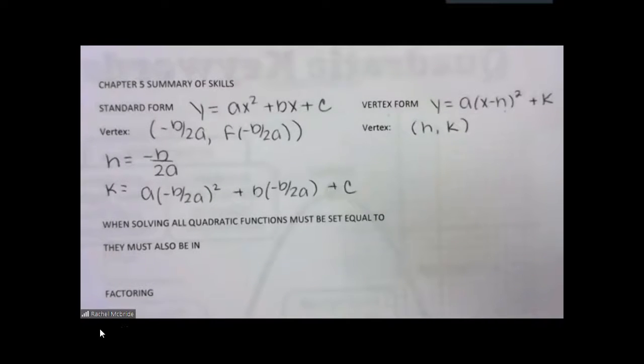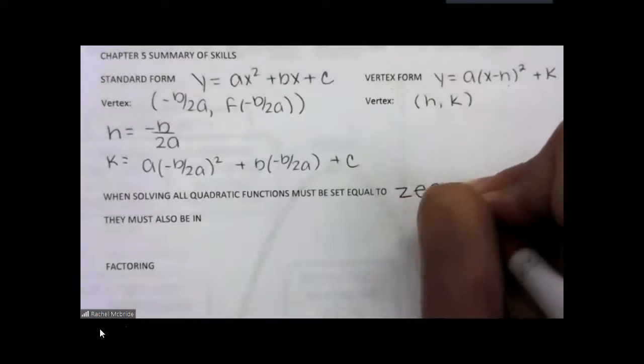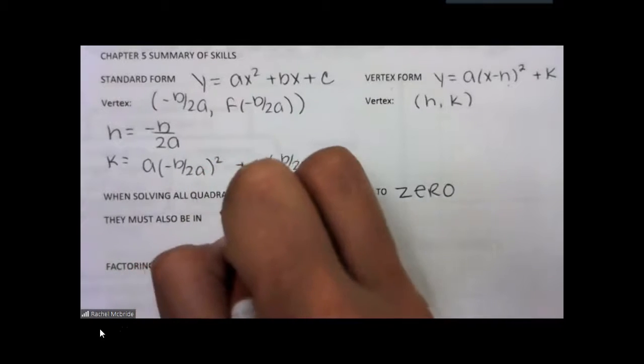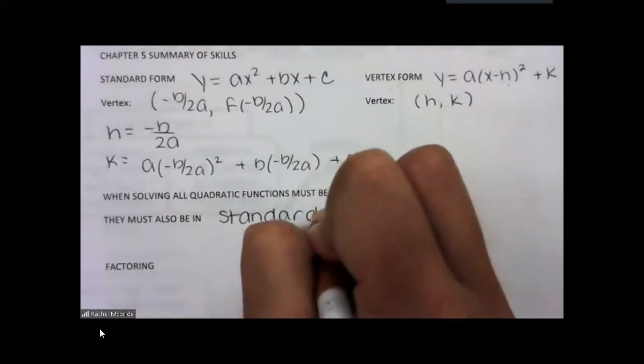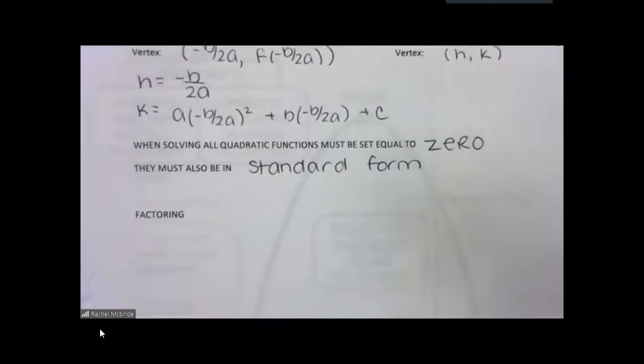Okay, when solving, all quadratic equations must be set equal to 0. Good. They must also always be in standard form. When you're factoring, the first thing you want to do is always look for a GCF. And then you want to apply your different methods.